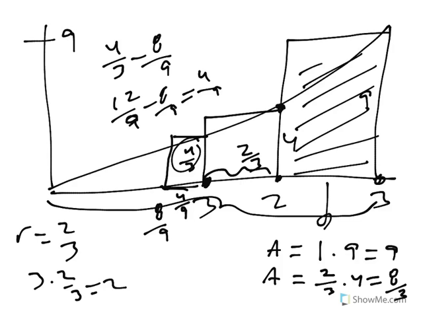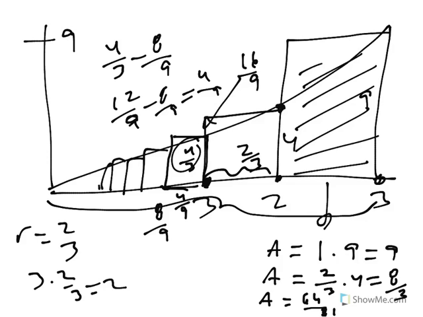And the height is going to be 4/3 squared, because 4/3 is the x-coordinate, so it's 16/9. And when you put these together, the third rectangle has an area of 64/81.